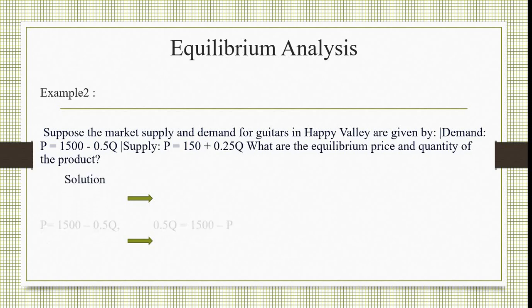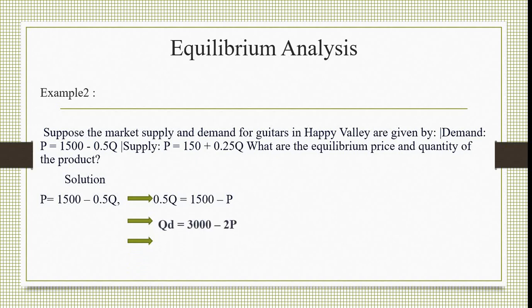In tackling this question, we decided to change the equation into relating the Q to the P instead of the P to the Q, as was done in the question. Solving it that way, we're going to get the same answers.